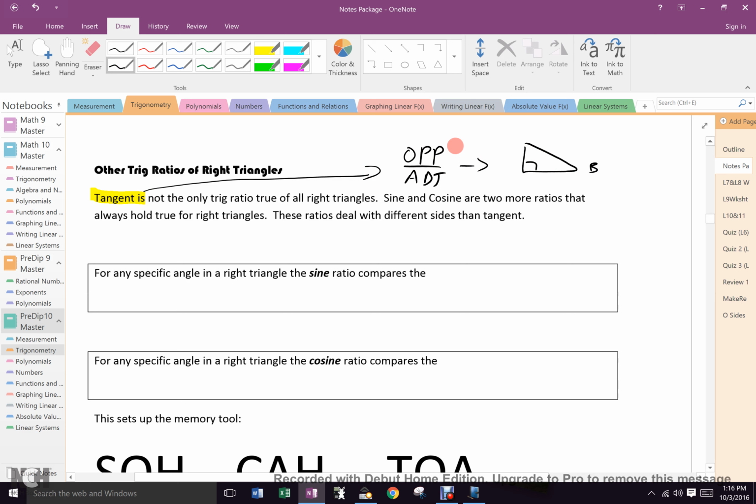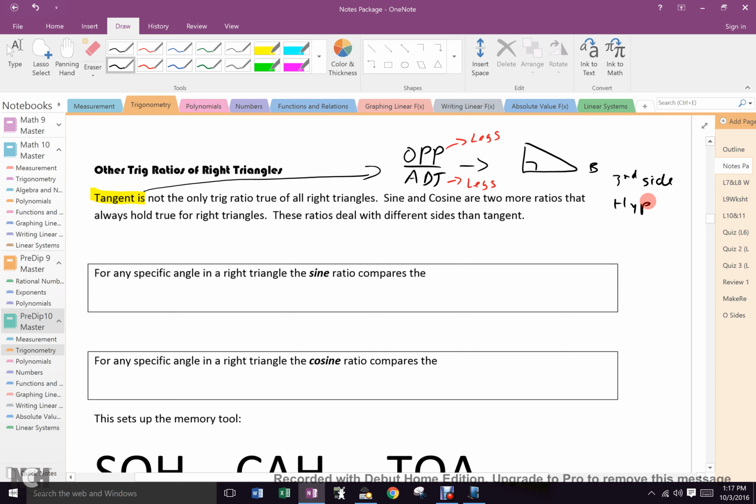The opposite and the adjacent are only legs. Now you guys, not being unintelligent people, recognize that there is indeed a third side to the triangle. The third side is the hypotenuse.